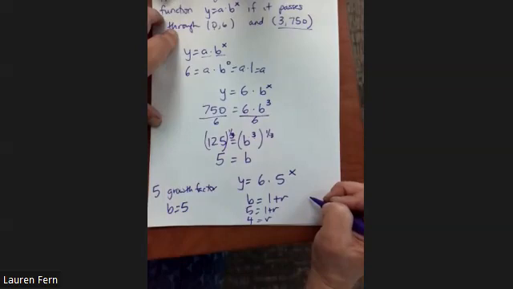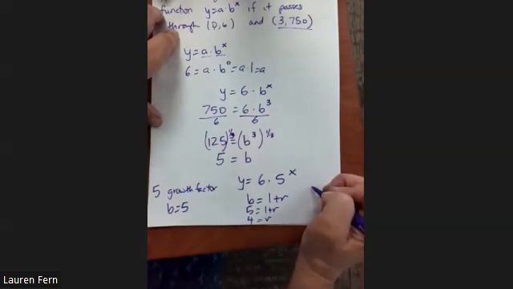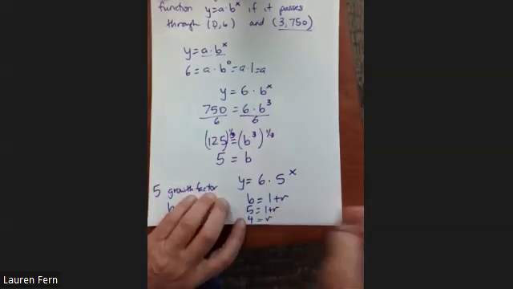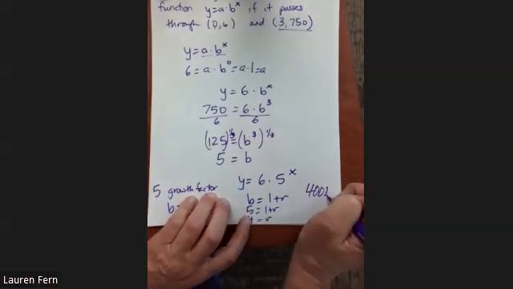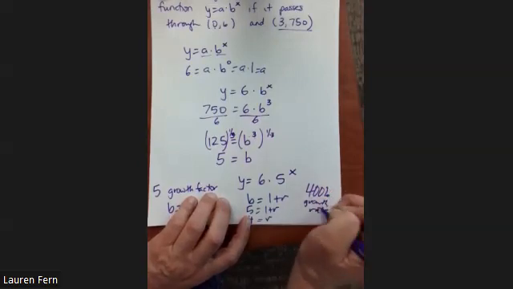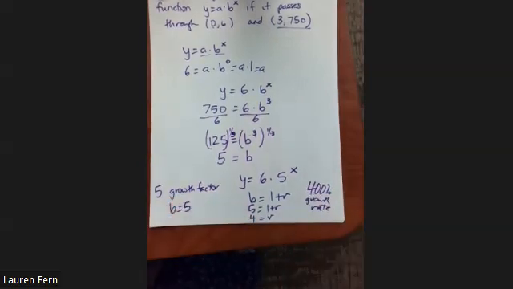Change 4 to a percent. You're changing it the wrong way. You go 2 places to the right. It's 400% growth rate. And we hope it's not a nasty bacteria or virus that's growing that fast.